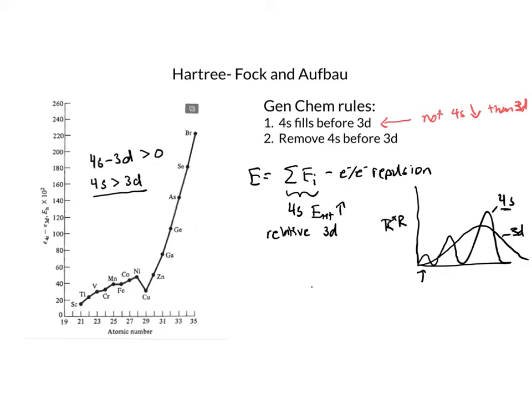So if that electron-electron repulsion term for the configuration that ends in 4s outweighs the higher orbital energies, then the 4s configuration is going to end up being the minimum energy.